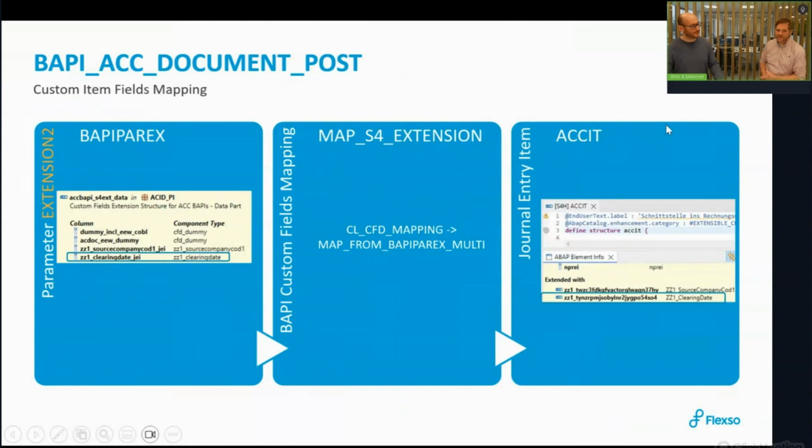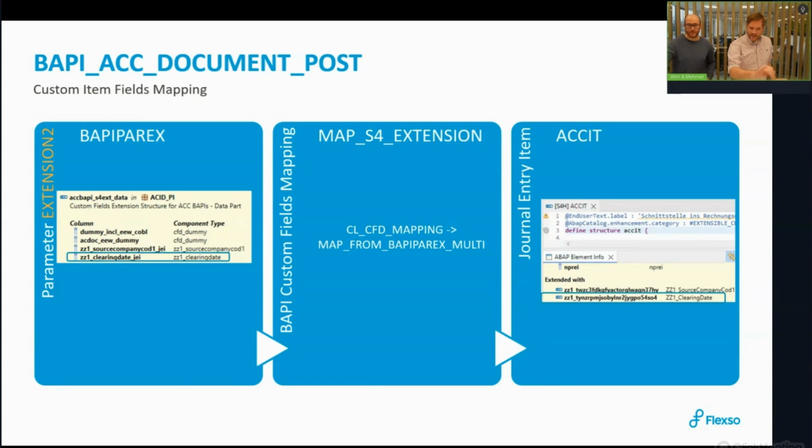Let me take over for a bit. So, we got to know from our functional colleague that the BAPI they always use to post a journal entry is BAPI_ACC_DOCUMENT_POST. So we want to use that, but we need to fill in an additional field. We explored this BAPI a bit, and we found out that there is standard S/4 functionality in that BAPI.